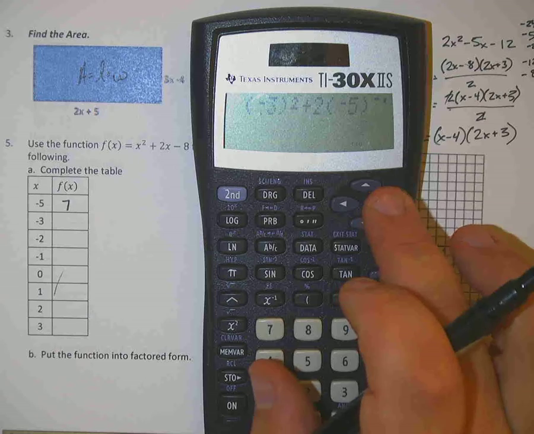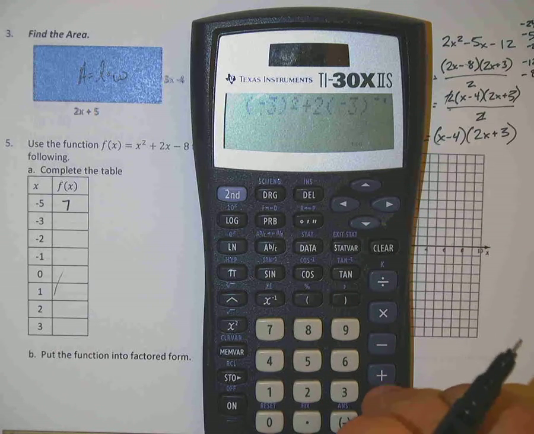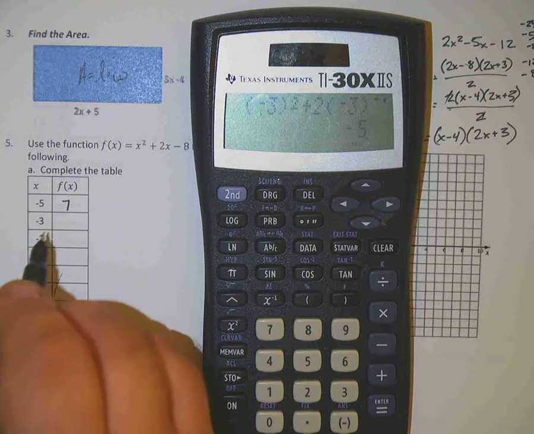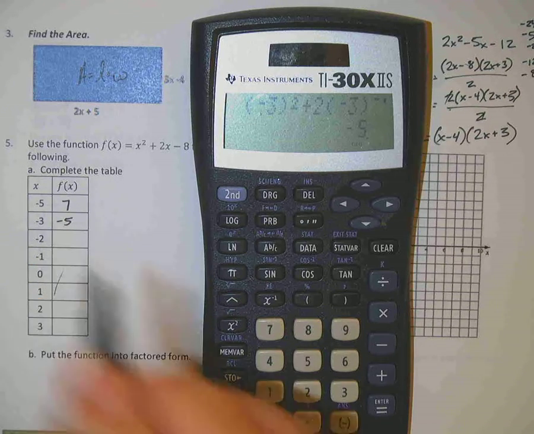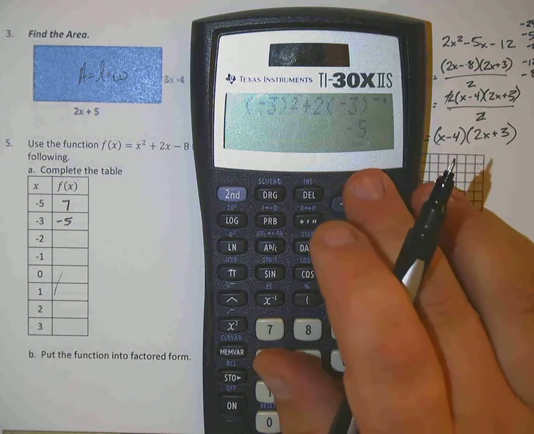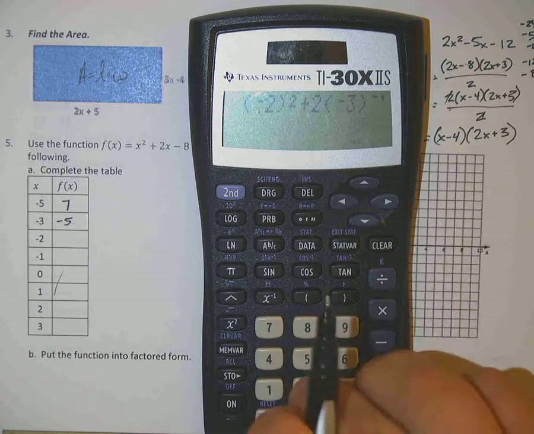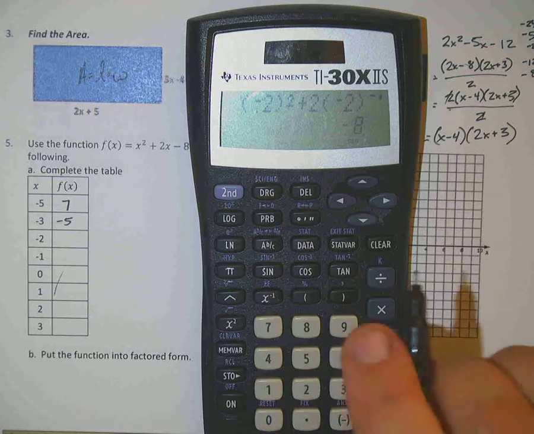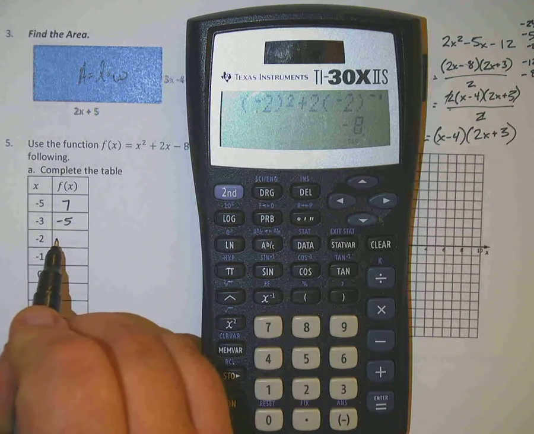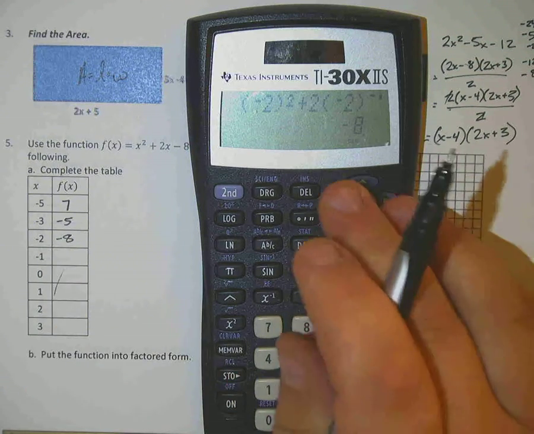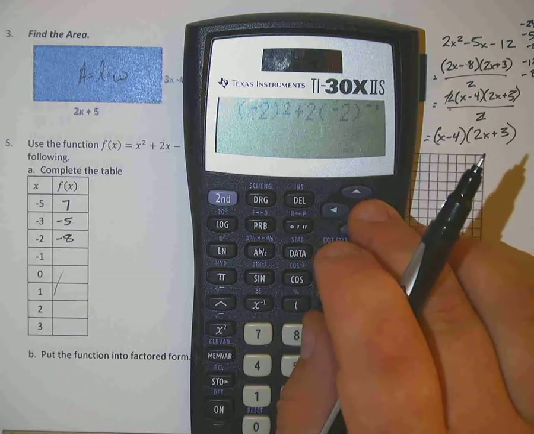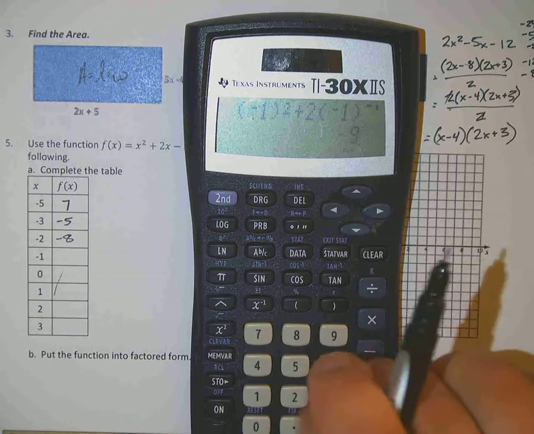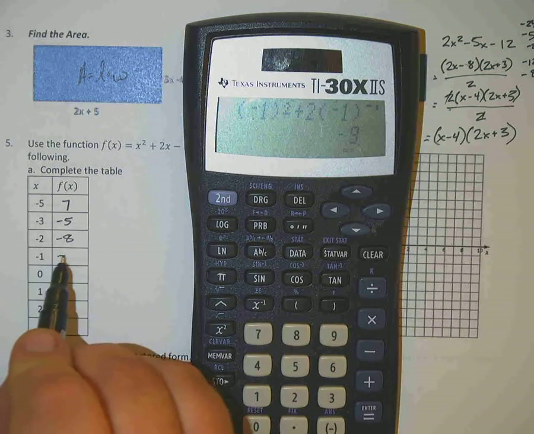So the next one's negative 3 there, and I can hit enter, and I get negative 5. The next one is negative 2, and I get negative 8. Then we go negative 1, and I get negative 9.